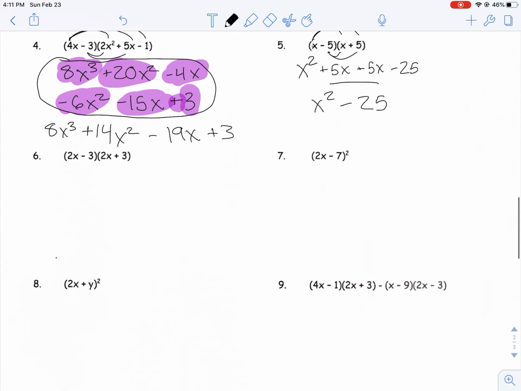4 left. We can do this. 4 left here. So, all right, let's start at number 6. 2x times 2x is 4x squared. So I did my first terms. I'm going to do the outside now. So 2x times 3 is 6x.